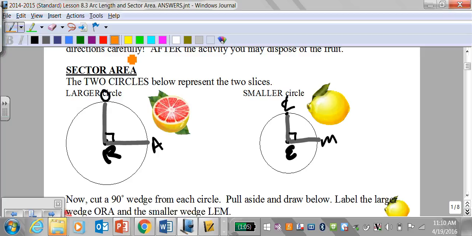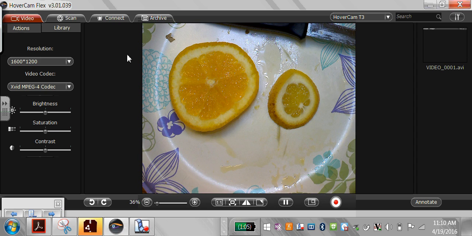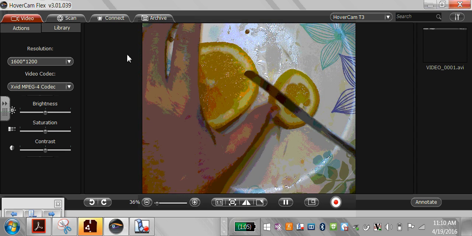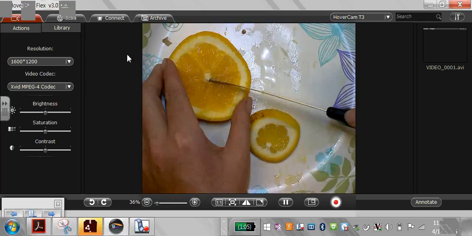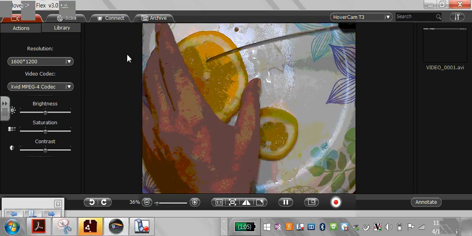Okay, now, this is your first act of surgery. Someone in your team, as carefully as possible, I'd like you to slice an exact 90-degree wedge and make it as exact as you can.